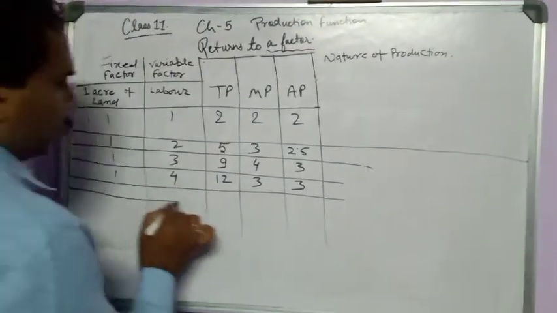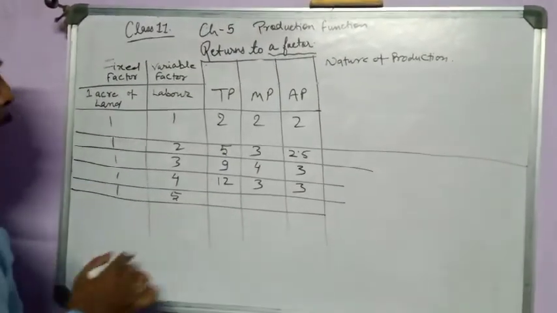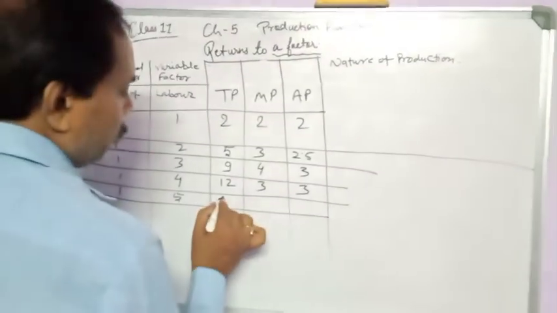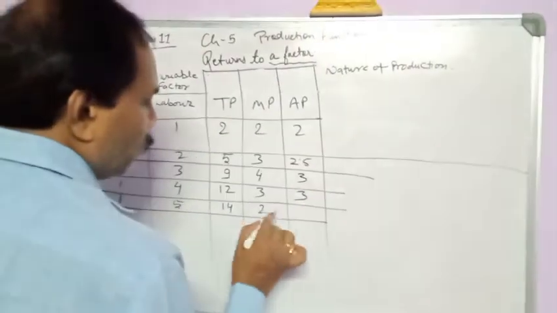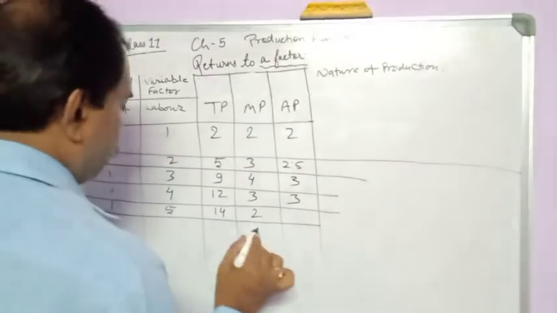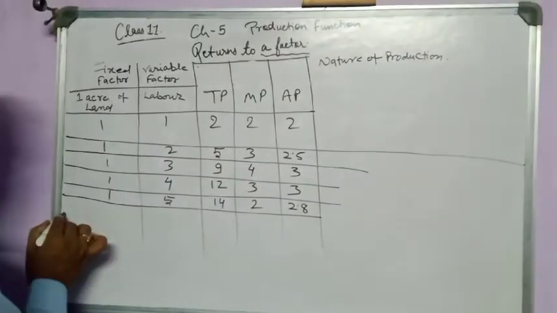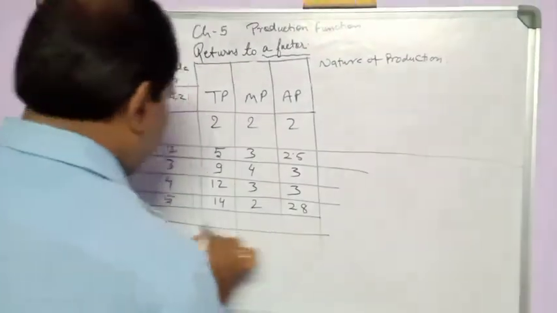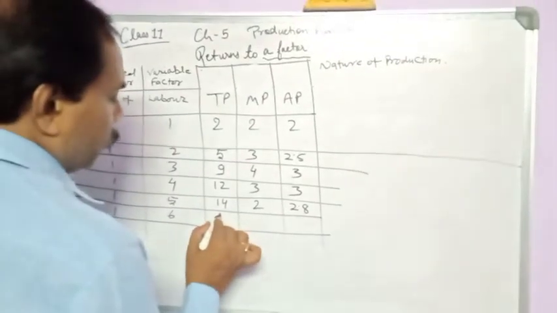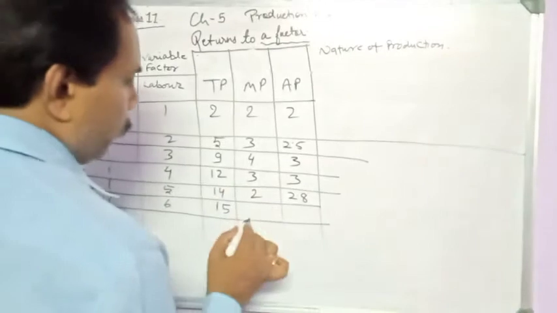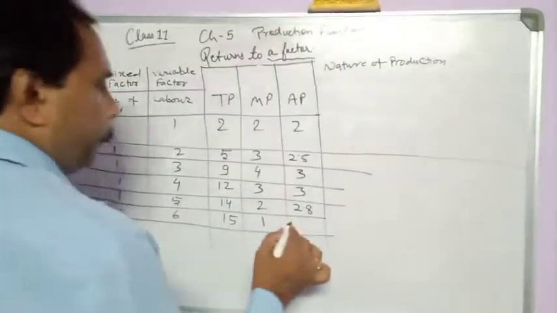Okay, next when we apply the fifth labor, suppose our total production increases up to 14, so marginal production will become 2 and the average production will become 2.8. Now if we increase to the sixth labor, our total production again increases, suppose up to 15, so marginal production will become 1 and the average production will become 2.6.